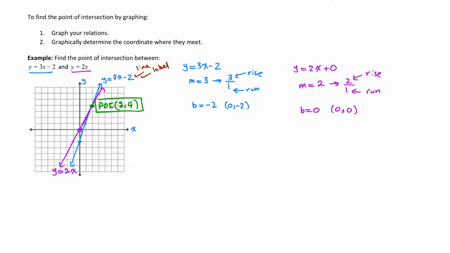Make sure your line has your arrows on it. You need to have line and arrow for the other one, and you need to show where your point of intersection is at.